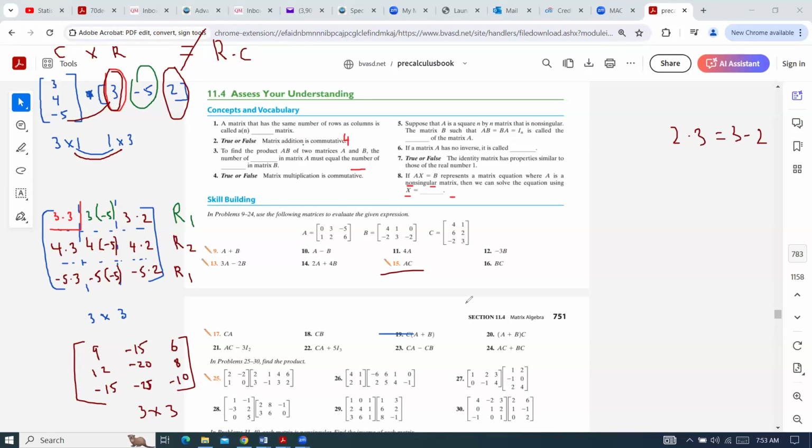Well, it's actually a product of matrix A by matrix C. And the way it works, I should probably get more room. So I'm going to share the board and copy those 2 matrices.